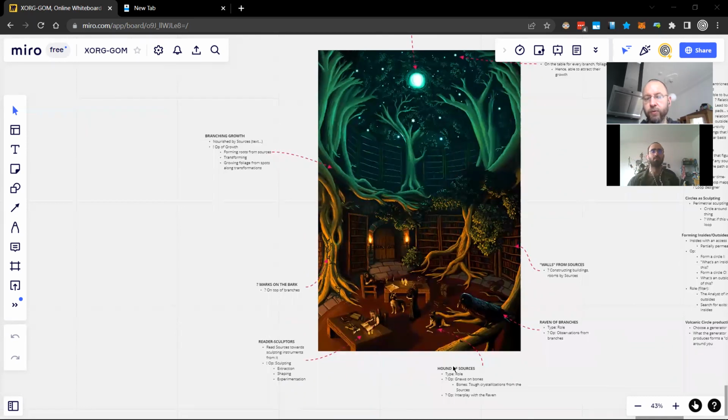I made the dog into hound of sources, which is a type of role. Whenever a hard crystallization is formed out of the text, or a sentence that is meaningful but hard to crack, people throw it on the floor, and if somebody's the hound of sources, they can gnaw on it, and they have their own ways of gnawing, for example rewriting it again and again, which resembles gnawing, or some other behavior.